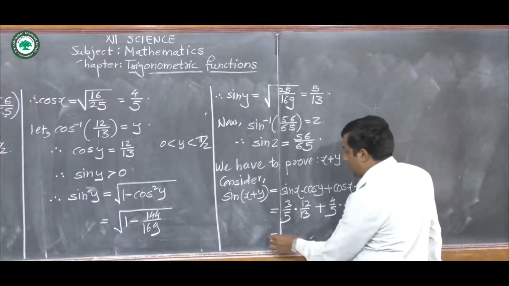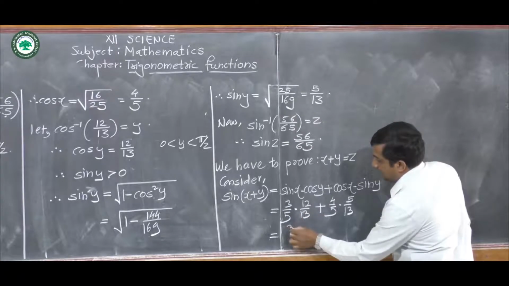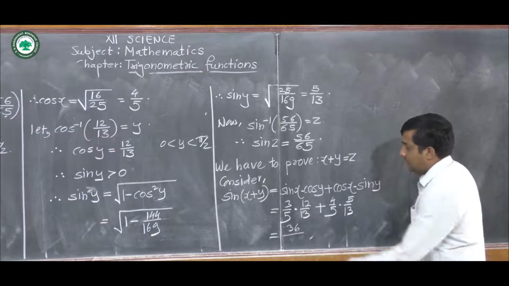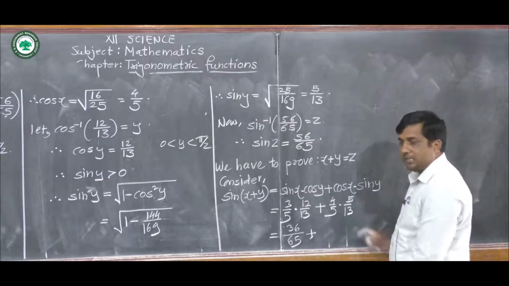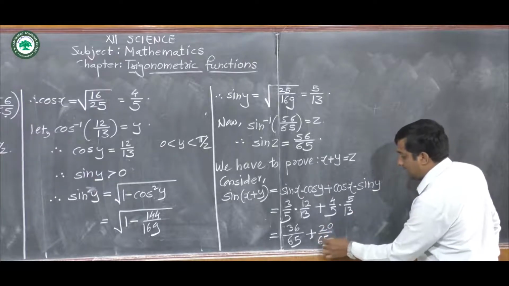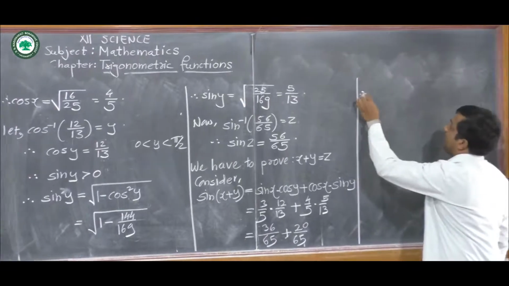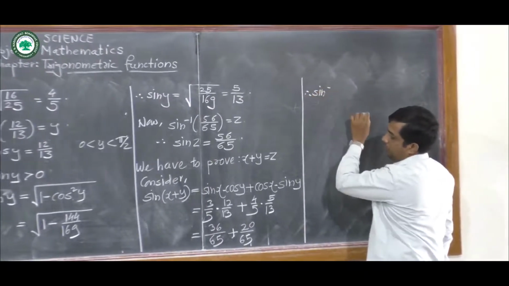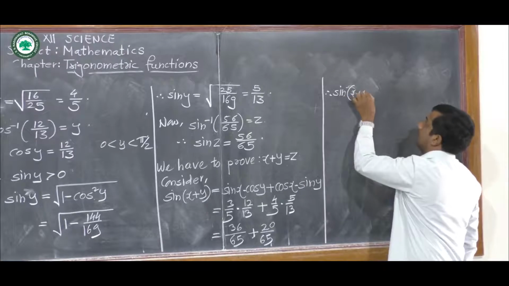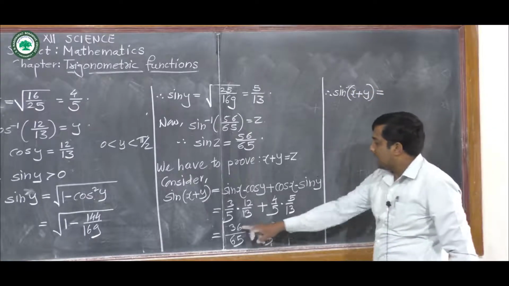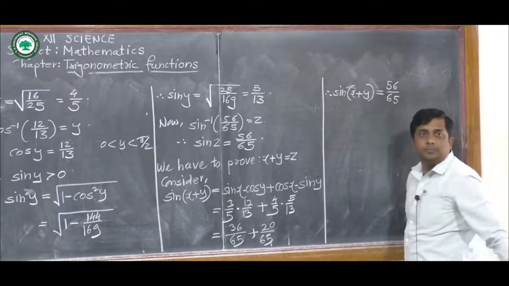Now this is equal to 3 into 12, which is 36, divided by 5 into 13, which is 65, plus 4 into 5, which is 20, divided by 65. We know 36 plus 20 is 56, so sine of x plus y is equal to 56 by 65.